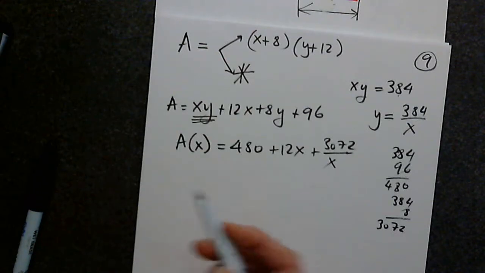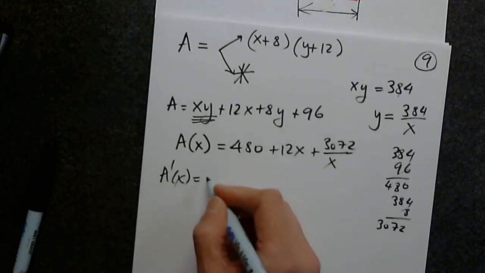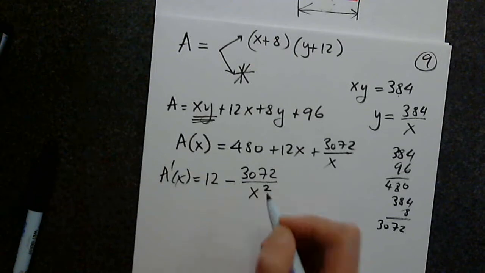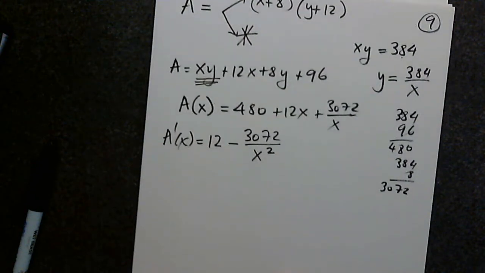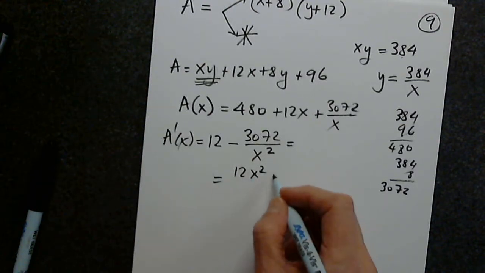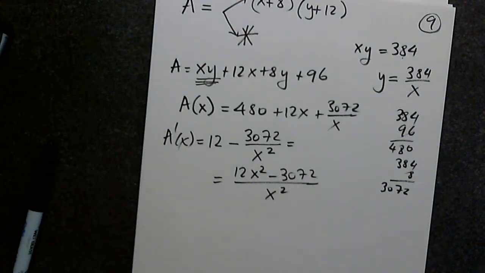Okay. So this is our area. Now we want to find A prime, which is 12 minus 3072 over x squared. I have to find the least common denominator, which is x squared. So it's 12x squared minus 3072 over x squared. Now I'm looking for critical numbers.